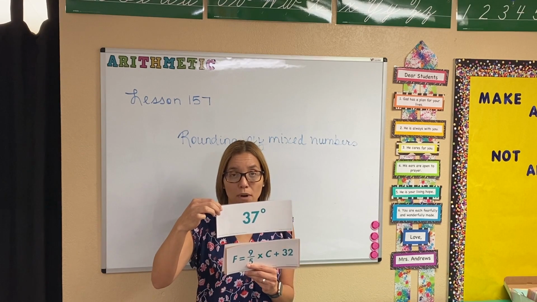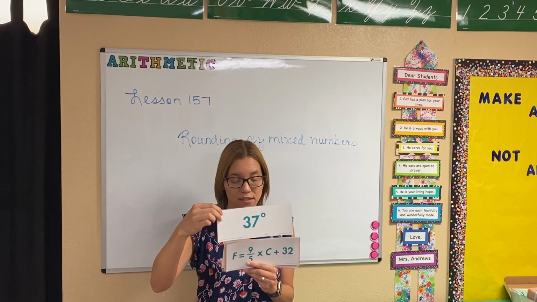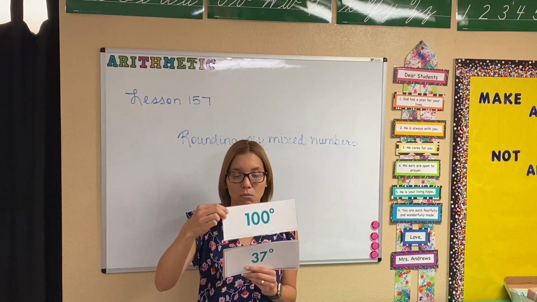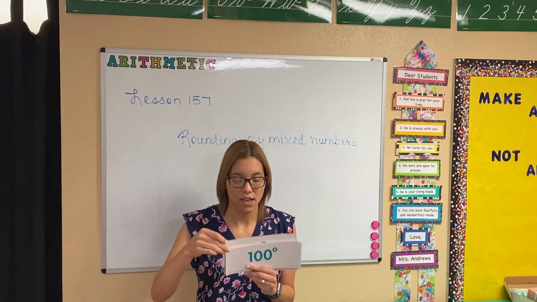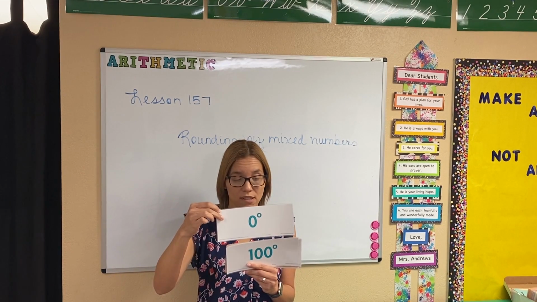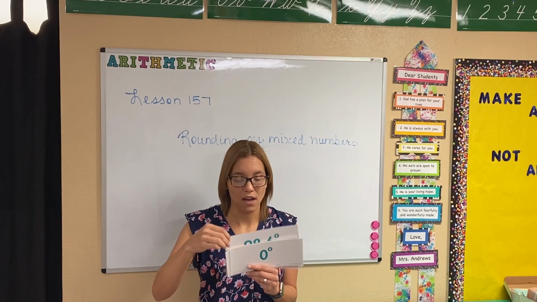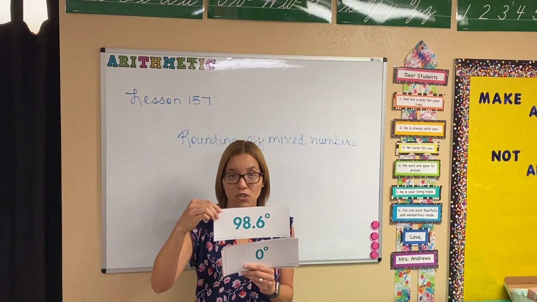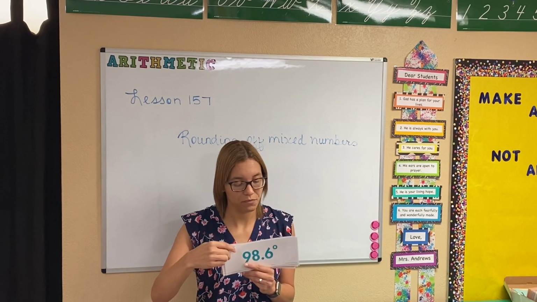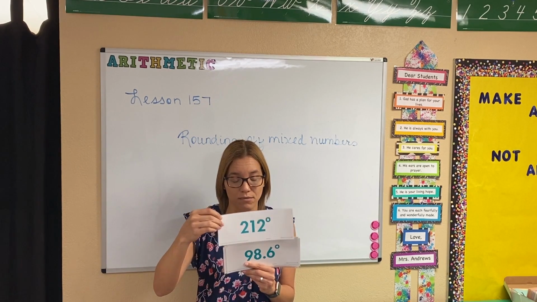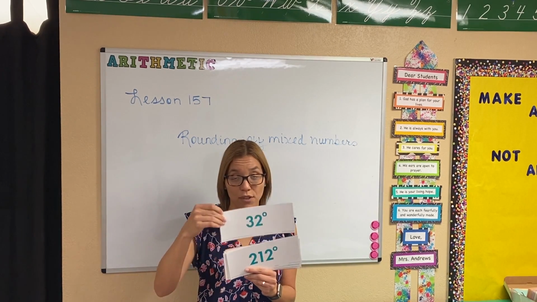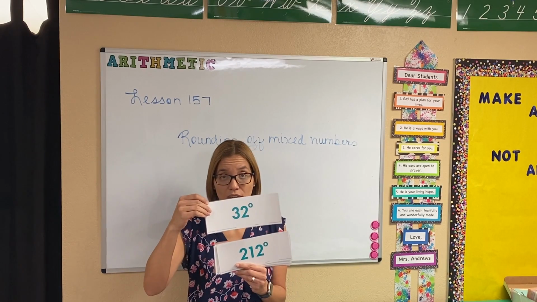Our normal body temperature in Celsius. The boiling point of water in Celsius. The freezing point of water in Celsius. Our normal body temperature in Fahrenheit. The boiling point of water in Fahrenheit. The freezing point of water in Fahrenheit.